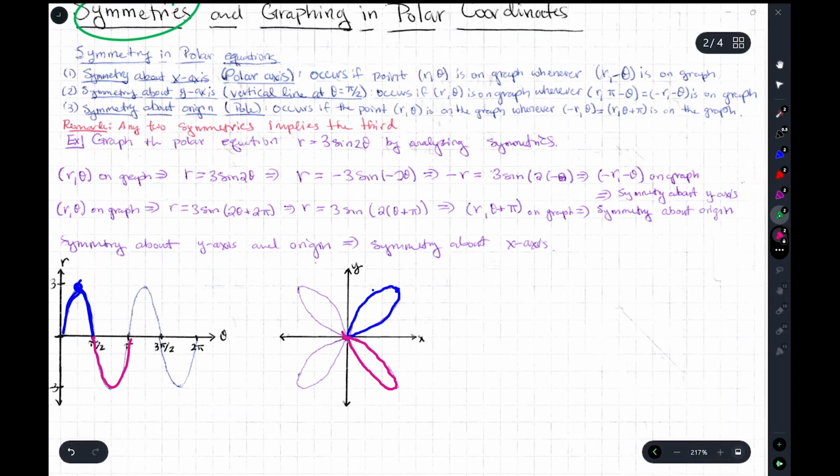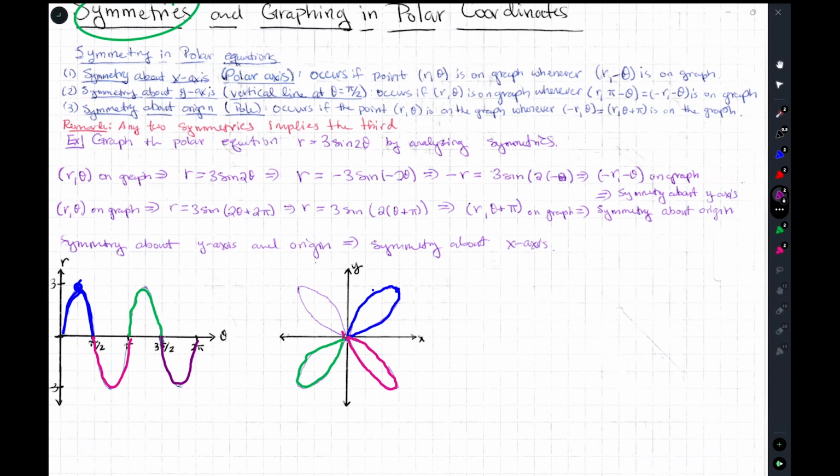Well, then beyond pi, we'll get positive r. So how are we going to plot that? That looks like this. And then finally, we're in negative r territory again, and you end up getting this. And right back down to 0 as you go towards 2 pi.